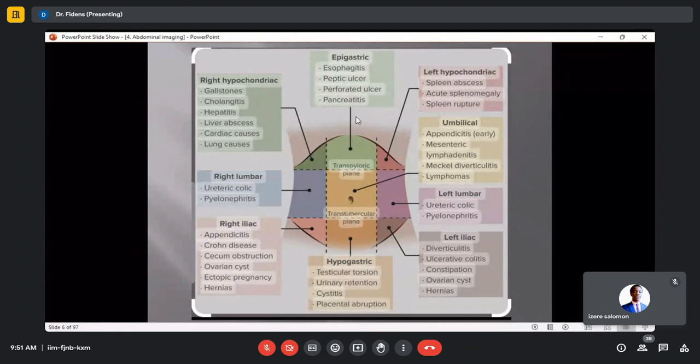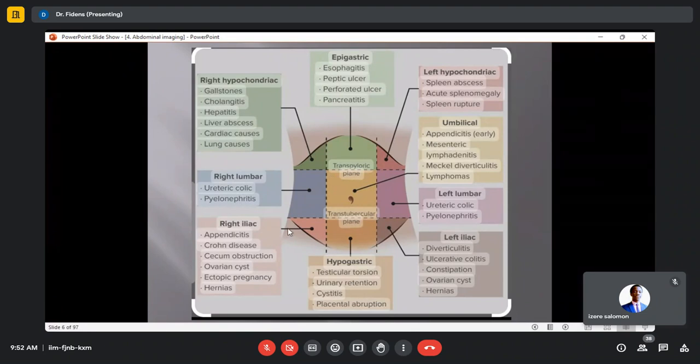And when there is epigastric pain, the most probable causes can be esophagitis, peptic ulcer, perforated ulcer, or even pancreatitis. Remember, the pancreas is anatomically behind the stomach.